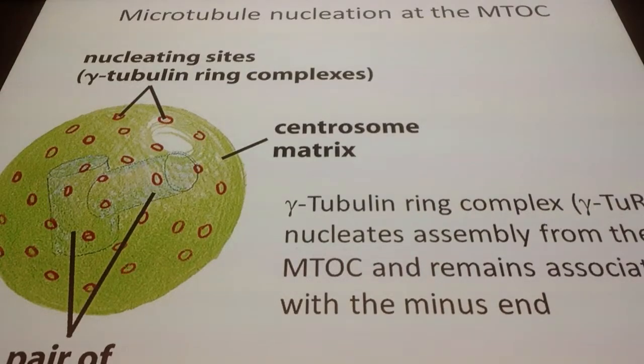Whereas nucleation of microfilament can either occur from a free-floating aggregate of G-actin or a pre-existing microfilament, neither of that applies to microtubules. Microtubule nucleation requires an MTOC, a microtubule organizing center. If there isn't a microtubule organizing center, then there are no microtubules. But the reverse is also true: if you can find a microtubule organizing center, chances are you will at some point have microtubules growing out of it.